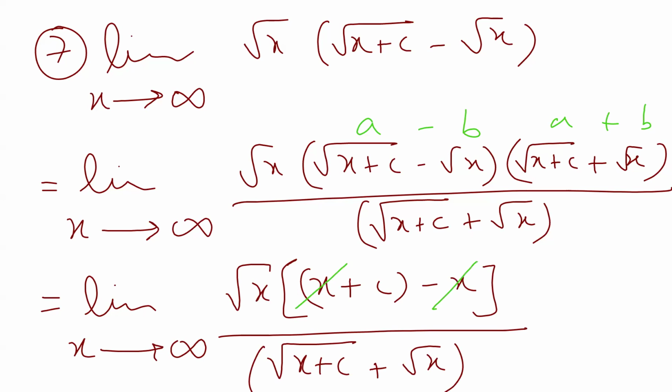Where x will get cancelled. Any doubts in this slide, you can please ask. The rationalization was required because there is no denominator. Otherwise, we could have done something like question number 6.